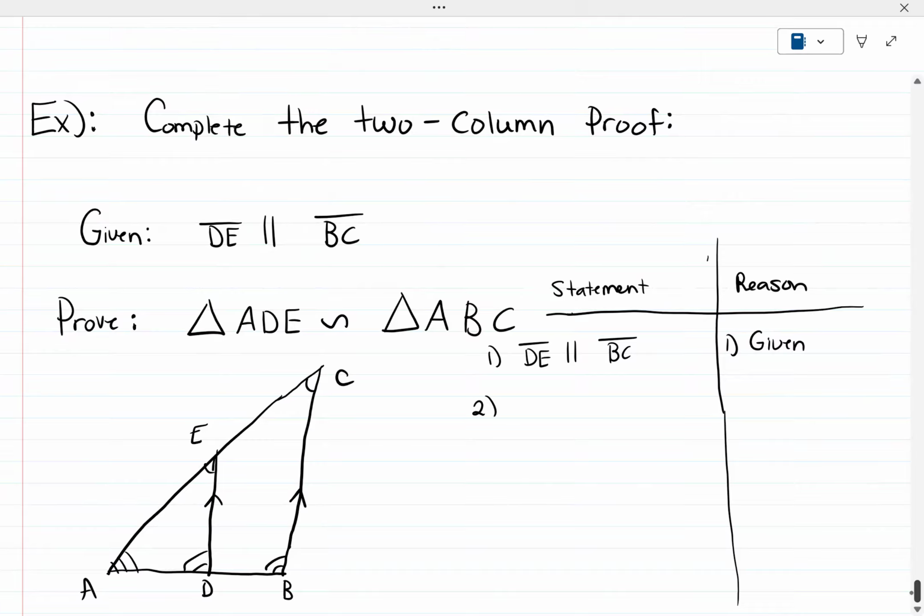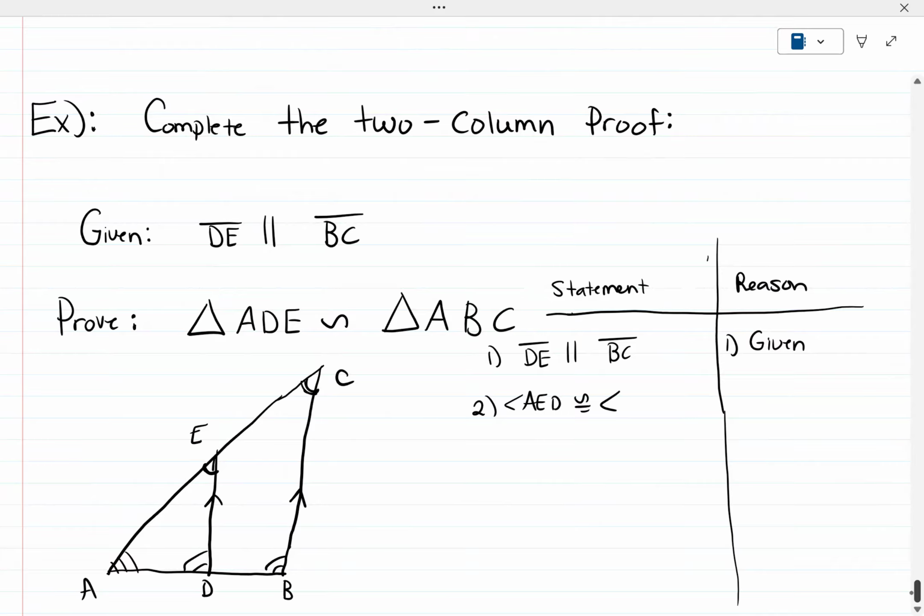And angle AED is congruent to angle ACB. So one angle is congruent. Angle AED, this little tick mark right here, is congruent to angle ACB, this little tick mark here, because see how they have one tick mark?